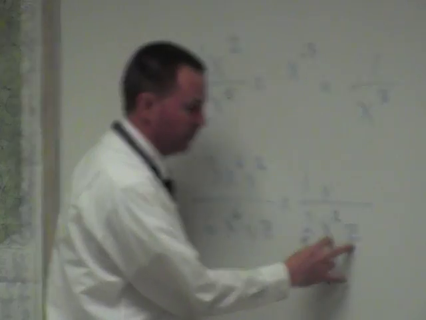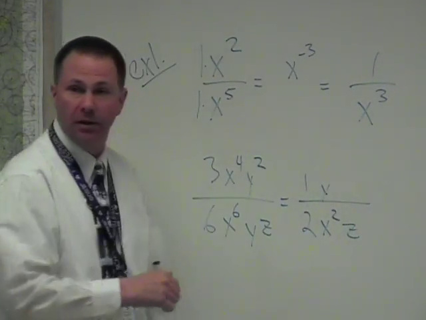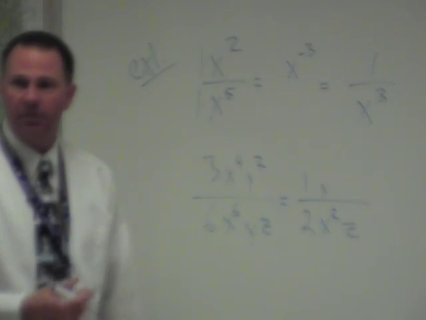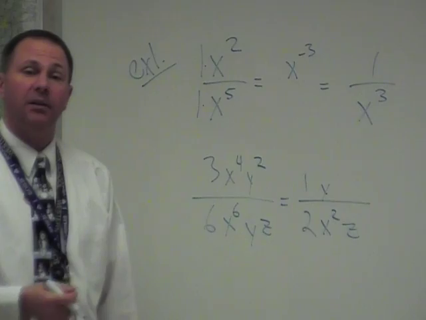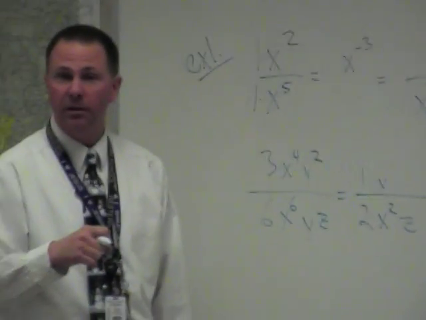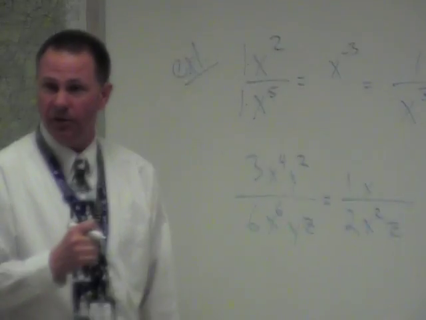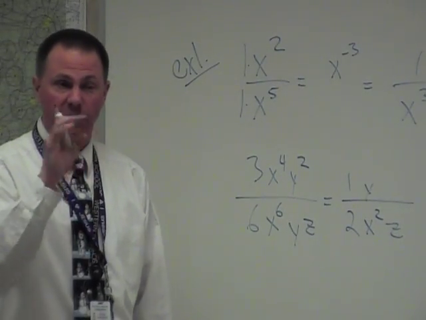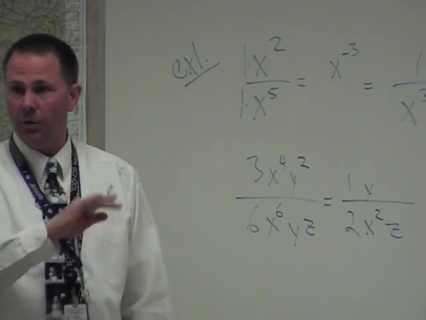What that means is I'd have to move these up here. Well, what happens to these exponents when I move them up here? They become the opposite. So that in itself is another way to manipulate the way your problems look. If you want to change the position of something, change the positive or negative of your exponent. Move the position. Any questions on that?